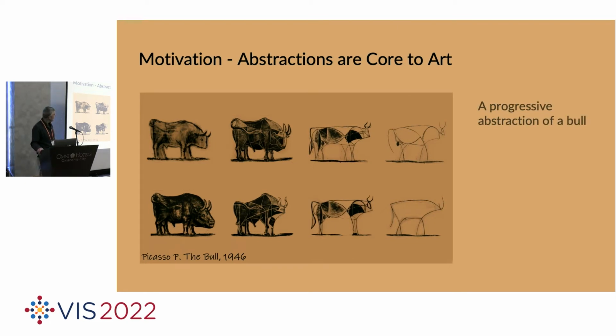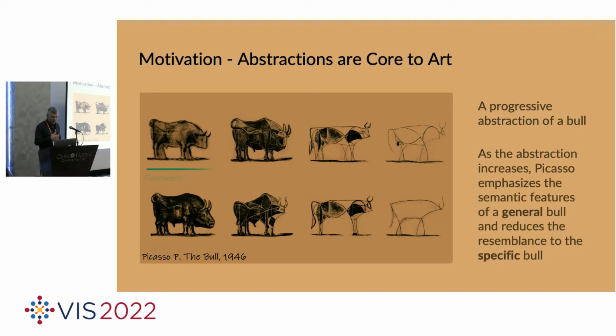And you can see that Picasso creates a progressive abstraction of a bull. And as the sketches become more and more abstract, basically Picasso concentrates on the more general features of any bull and goes away from the specific depiction of a specific bull.